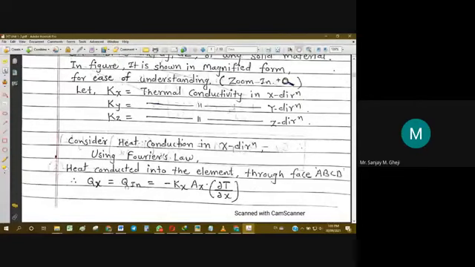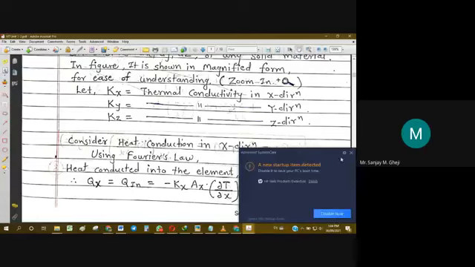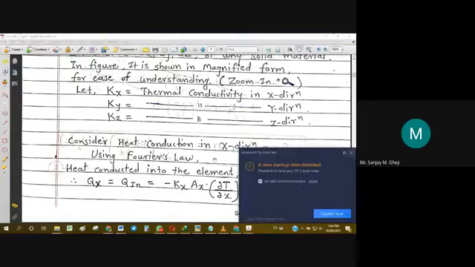The general law is that the rate of heat transfer q is equal to minus k A dT by dx. Since it is in the x direction, we are using suffix x. So Qx equals Q in equals minus kx, area in the x direction Ax, and ∂T by ∂x, the temperature gradient in the direction of x.